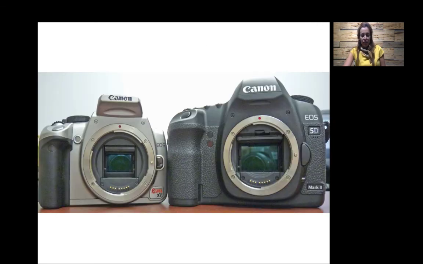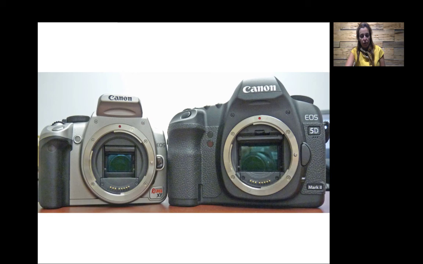So here's an example of possibly a camera you have on the left versus a camera that is kind of your dream camera. My dream camera over here to the right, which we have a few of these. This is the one on the right. It's an older version, but just to give you a sense, you see in the middle that frame, that computer chip is much smaller on the left compared to the right.